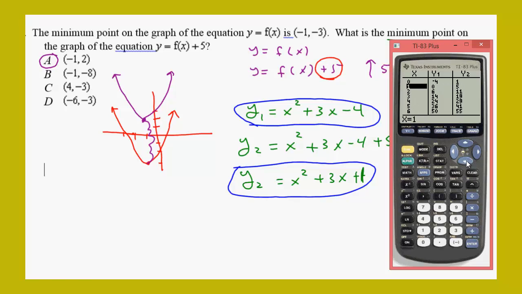Pick another one, 2 is fine. When x equals 2, the value of y for the first function is 6, and for the second one it is 11. The difference, 11 minus 6, is 5, which means it went from 6 to 11, or up by 5 points. That's another way to do it.